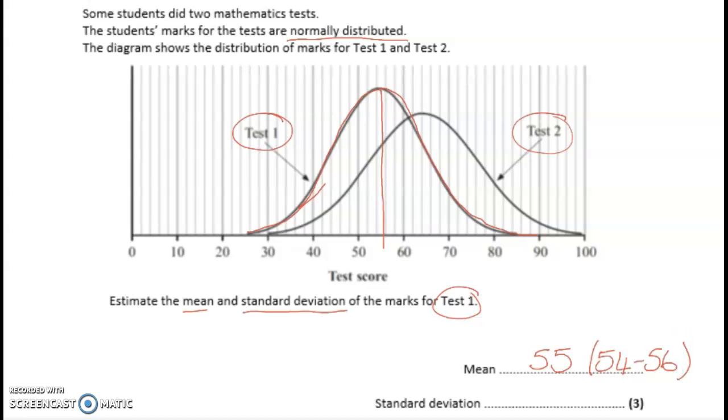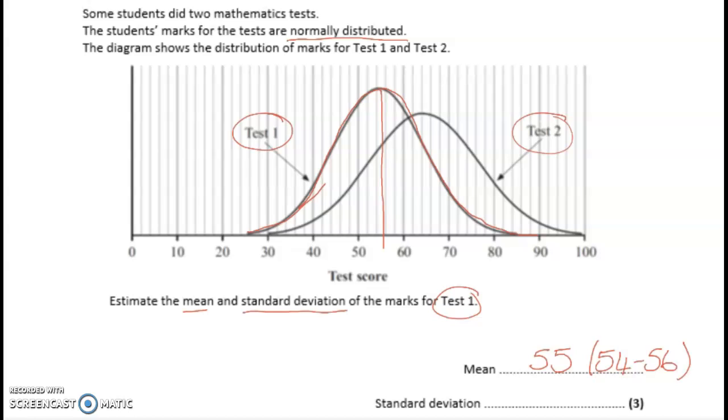The standard deviation for a normal distribution is a little bit harder to find. 99.8% of all data lies within 3 standard deviations of the mean. That means that the curve almost touches the bottom 3 standard deviations above and below the mean.